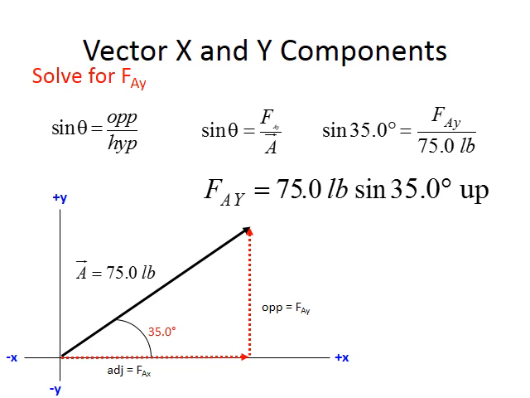Rearranging that, we can say F sub Ay equals 75 pounds times the sine of 35 degrees, and it is pointing up. And when we do the math, plugging those numbers into our calculator, we get F sub Ay is 43 pounds.